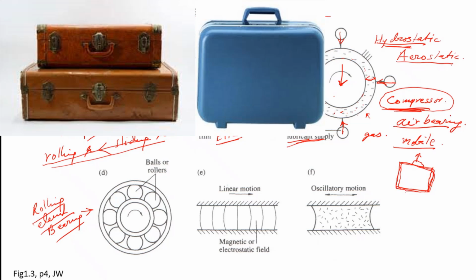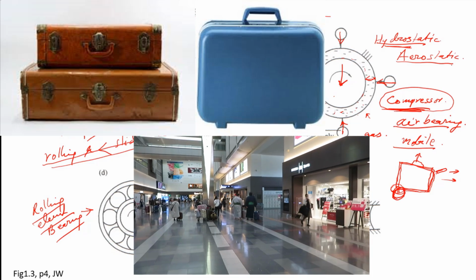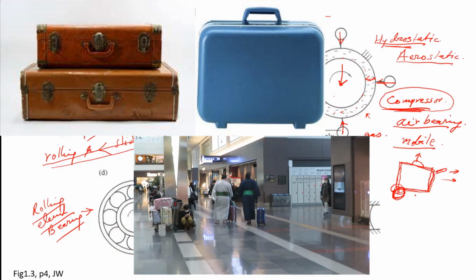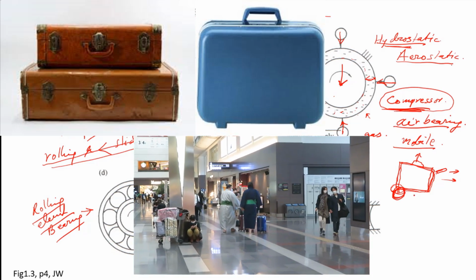Or in some cases you just slide it, pulling and pulling. Again, there will be a lot of friction. So traveling was not as much fun as it is today, and the reason is that today our luggage has wheels. We never even think about how difficult it is to carry luggage.